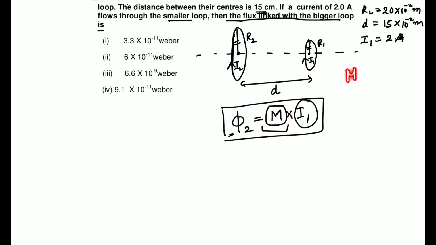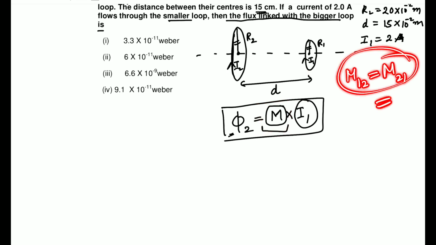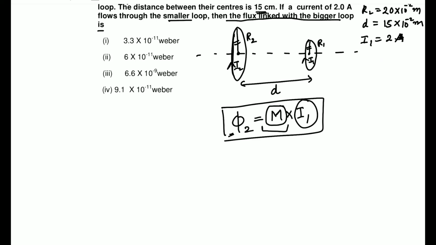This is something which we have studied, right? We have proved M12 is equal to M21, for any two coils, with a primary coil and a secondary coil. That exercise we have already done, so we got to know that M12 is equal to M21.